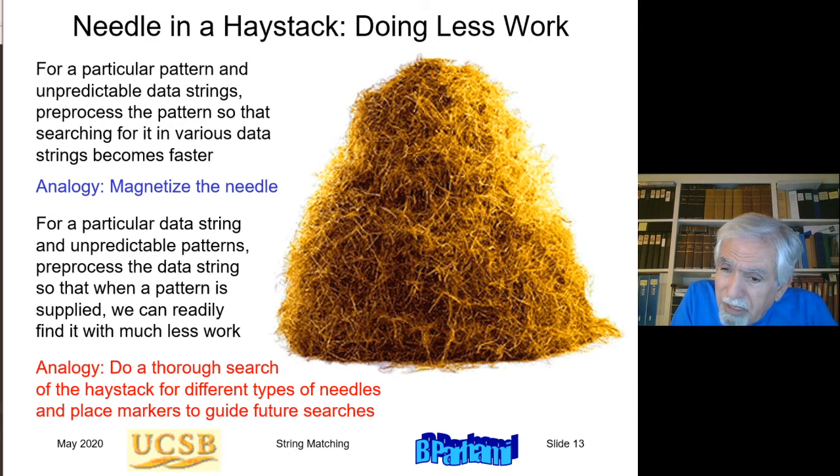Okay, that is done by developing indexes. Okay? So you make a thorough index of the haystack. You basically go through the haystack once and make notes, attach maybe post-it notes to different parts. Here is the part that contains this. Here's the part that contains this. And those indices basically help you in subsequent searches.